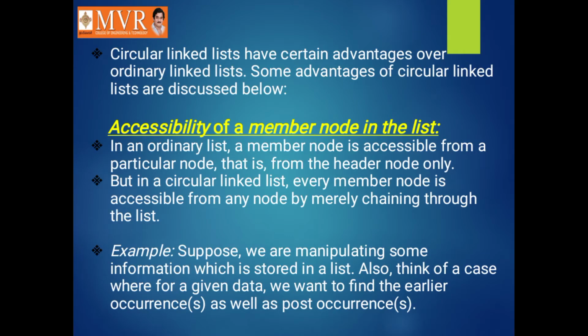As I have mentioned, we can start at any position and find the occurrences without the overhead of moving from the header to the other nodes. We can start at any position and find the pre-occurrences and post-occurrences.